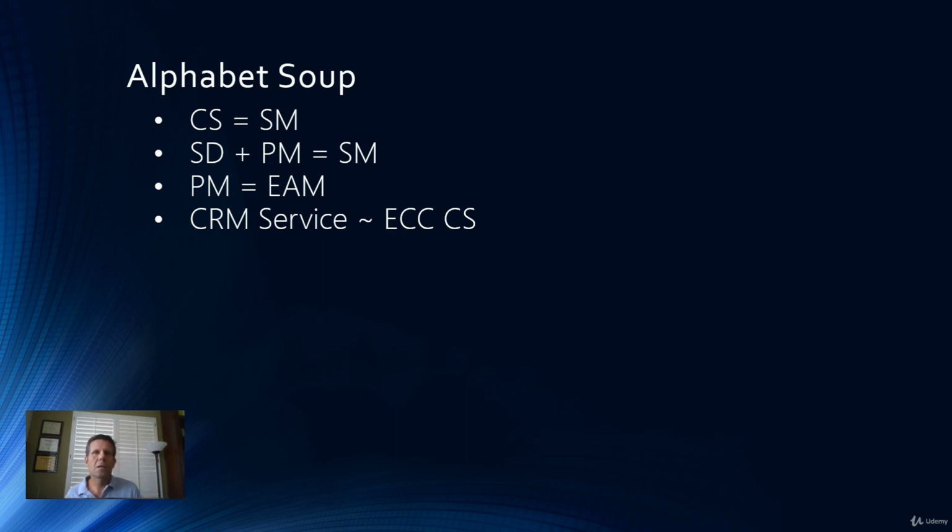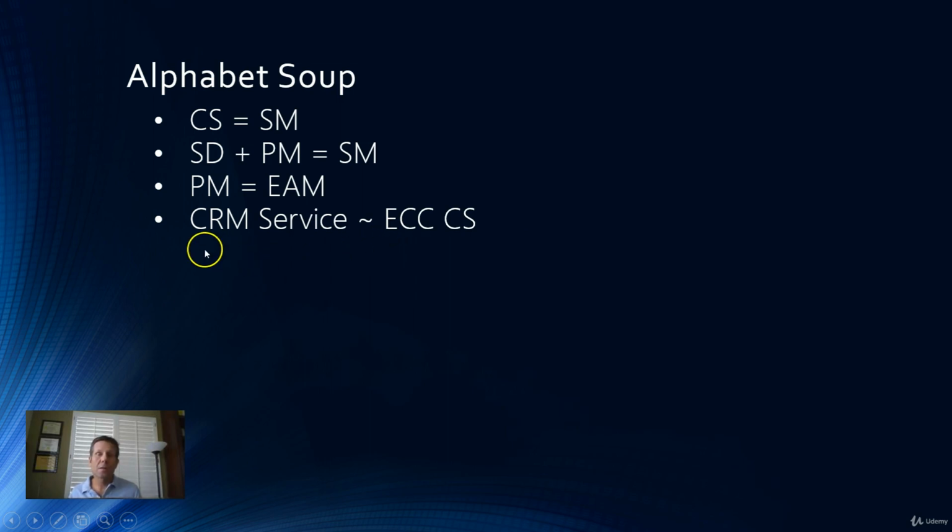And then finally here, I want to make a distinction between CRM service and ECC CS. So ECC is the Enterprise Core Component. That's the main SAP product that's been around forever, also called ERP. So in this course, we're going to be focusing on the customer service module of ECC.